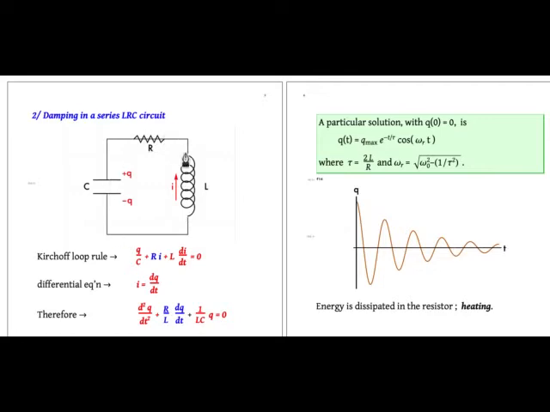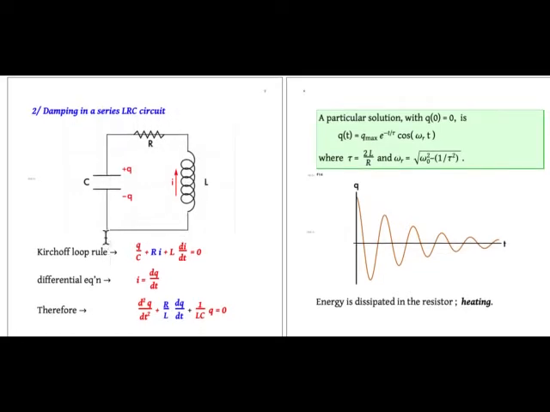Now when I apply Kirchhoff's loop rule, I'll have Q over C is the voltage change across the capacitor. Now I have a current in this direction. So if I is positive, there's a current in this direction, and this must be the high potential side, and this must be the low potential side. So the change in potential across the resistor would be plus R times I, the high potential minus the low potential.